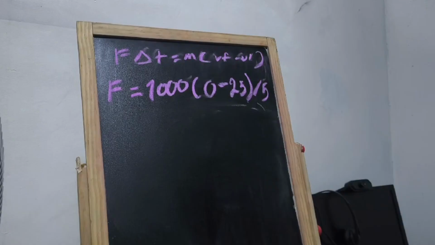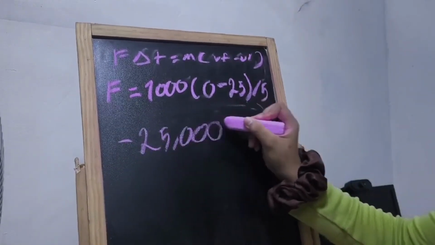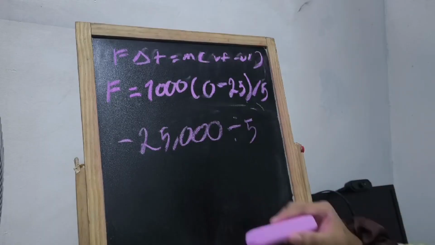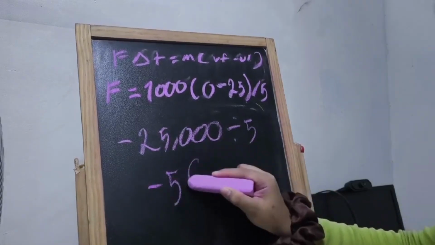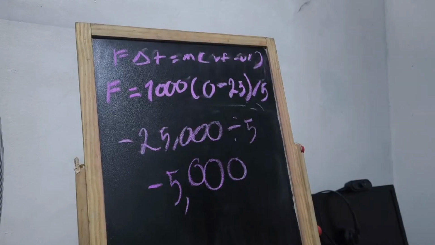After that, we will divide negative 25,000 by 5 seconds. Negative 25,000 divided by 5 is equal to negative 5,000. So the average braking force is negative 5,000 N. The negative sign means the force is opposite the direction of motion.